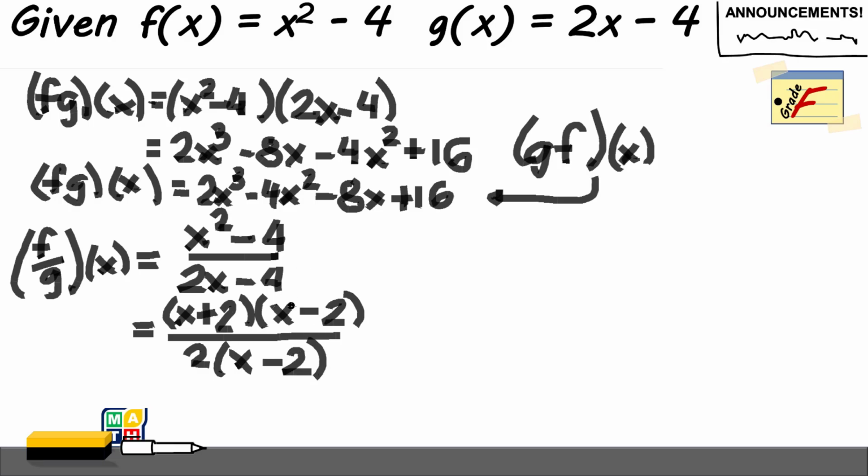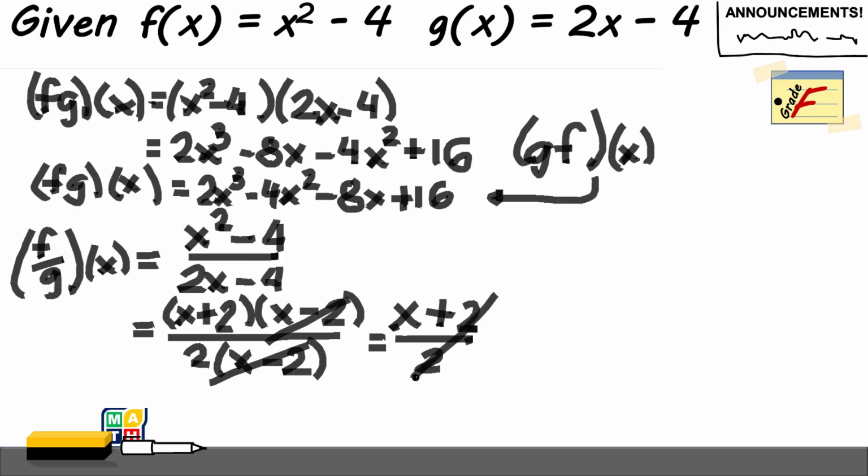Now that we have these two factors, notice they are called factors because now both terms on our numerator and denominator are separated by multiplication. We can now use the cancellation law for multiplication for x minus 2 because it's the common binomial expression found in both. In short, our final answer for f over g of x is x plus 2 all over 2.